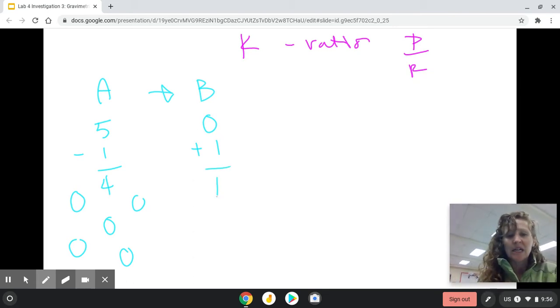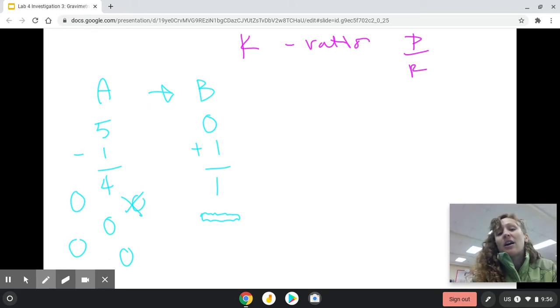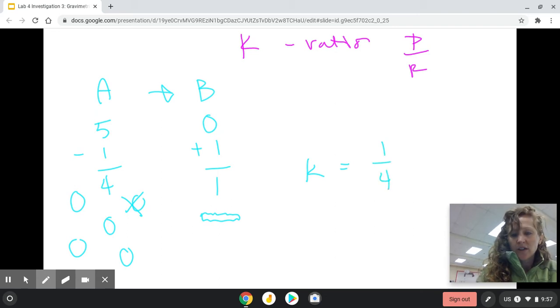I don't know how B gets made. Maybe A gets squashed, and so now we have a squashed A, which is what we're going to call B. So let's say this is our ending ratio for our reaction. Our K in this instance would be 1/4, which is 0.25.